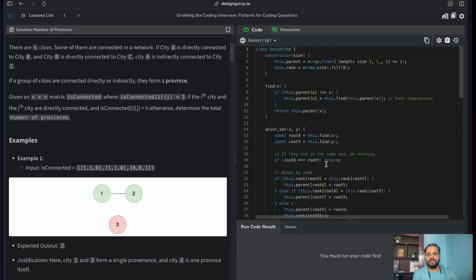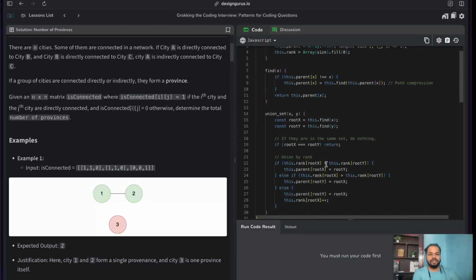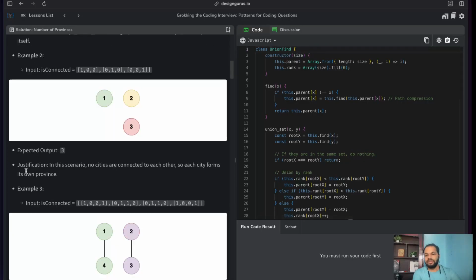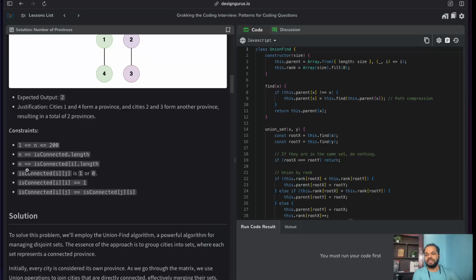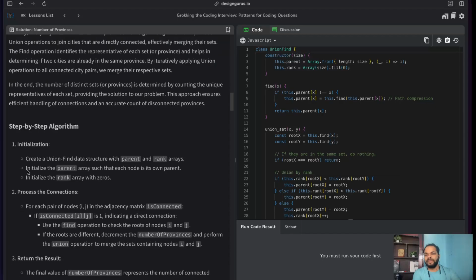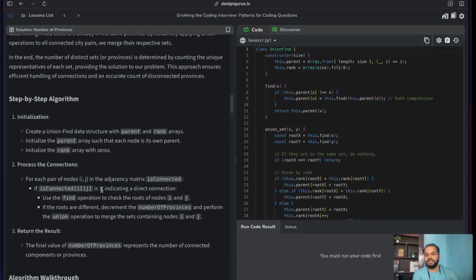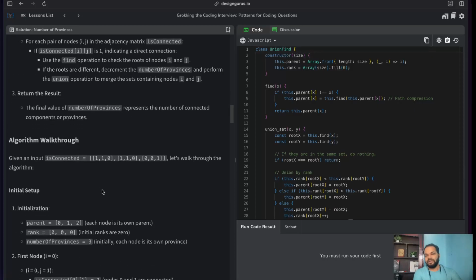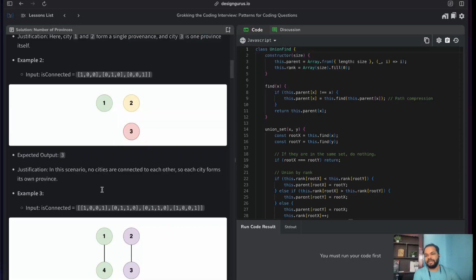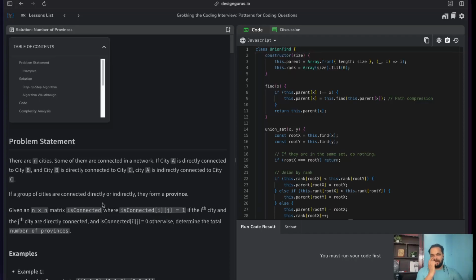Guys, I don't know exactly what they are doing, but maybe they explained it a bit here. Initialize, create a union find data structure with a parent and rank array. Initialize the parent array in such a way that the connection algorithm works through. They are using something else, but we used the graph.